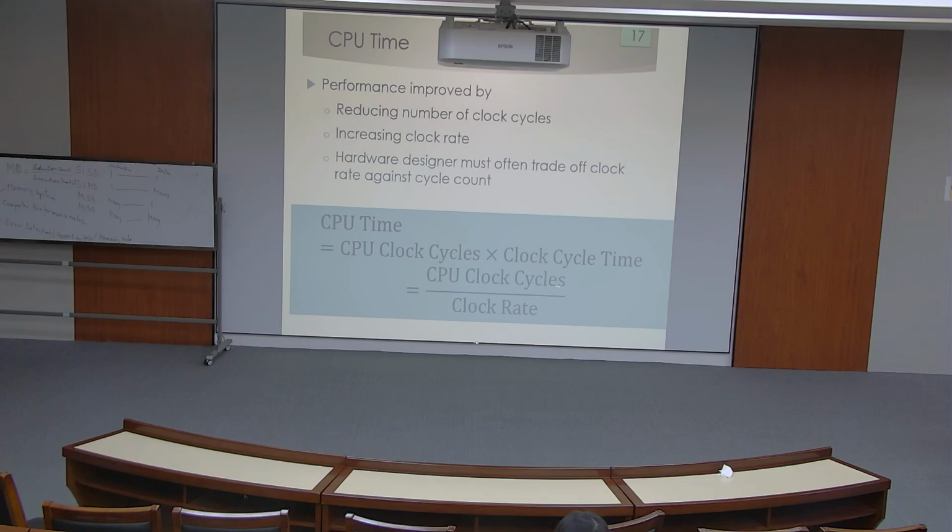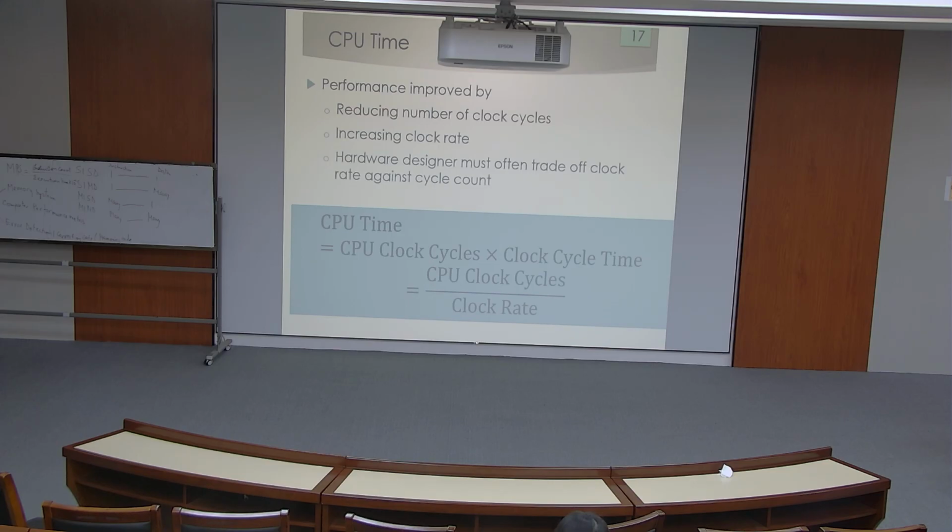The CPU clock cycles divided by the CPU clock length, which means the CPU time can be decreased by increasing the clock length, or by decreasing the CPU clock cycles.